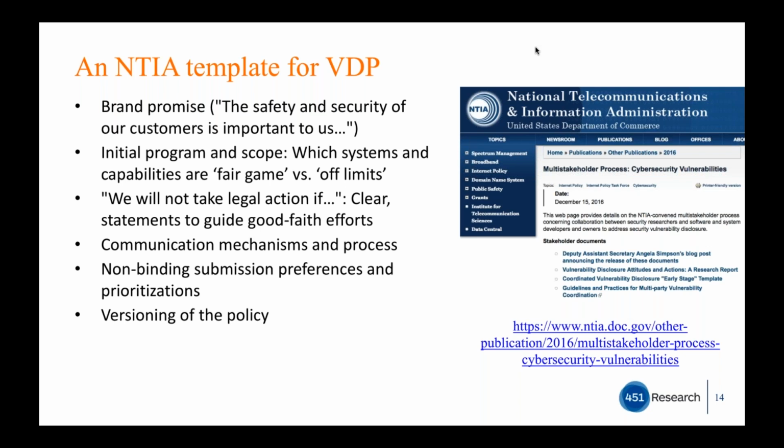You want to lay out some description of program and scope, and again, to outline which systems and capabilities are within scope, as opposed to those which should be off limits, and that may evolve as capabilities change. So you also want to consider a version of the policy to make sure that you're keeping the policy up to date, and more importantly, that those who access it are aware of the version of the policy that they're dealing with as the most current.